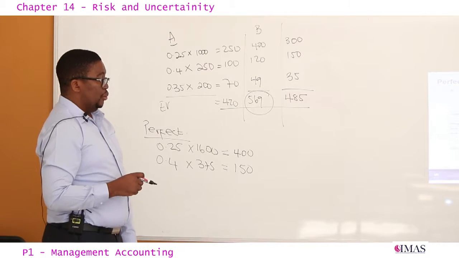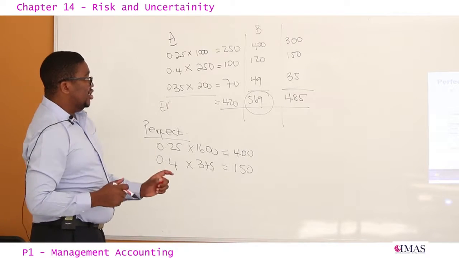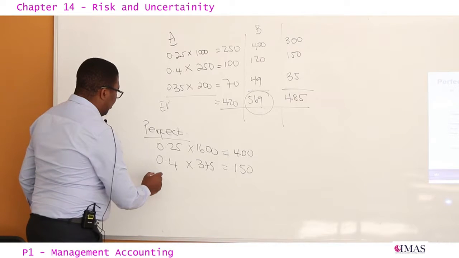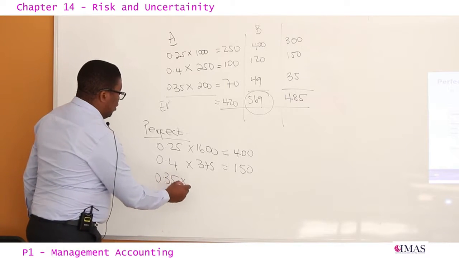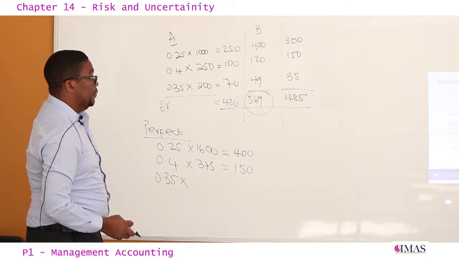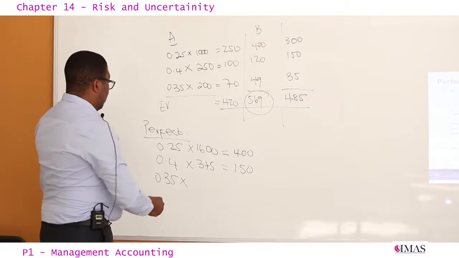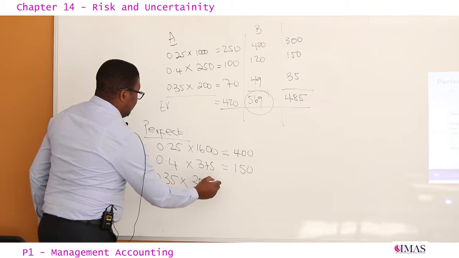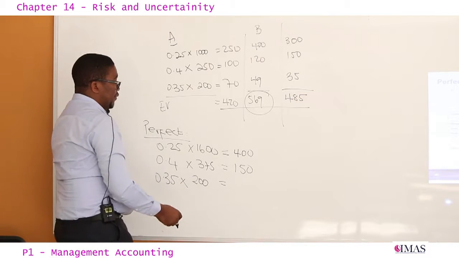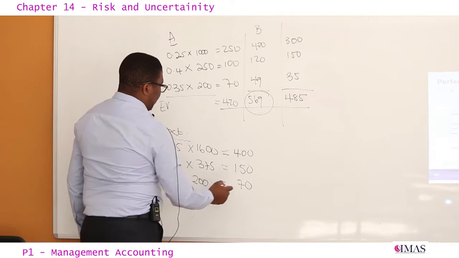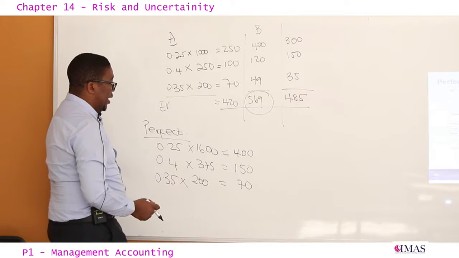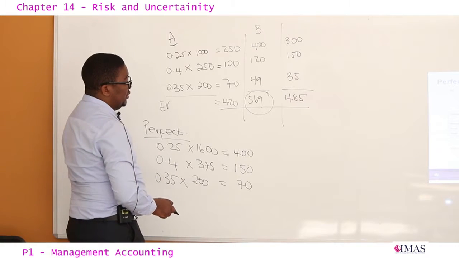But if you knew that the reaction was going to be weak, which means there's a probability of 35%, then you would have chosen which project? You would have chosen project A. Okay, therefore you are going to have what? 35% multiplied by 200, that is 70.